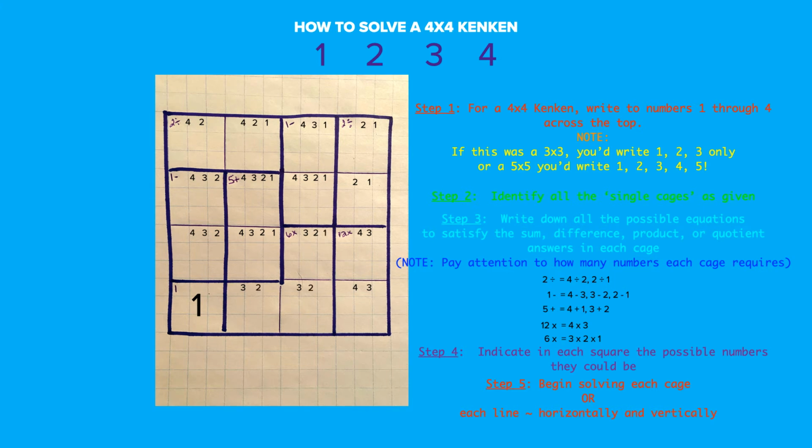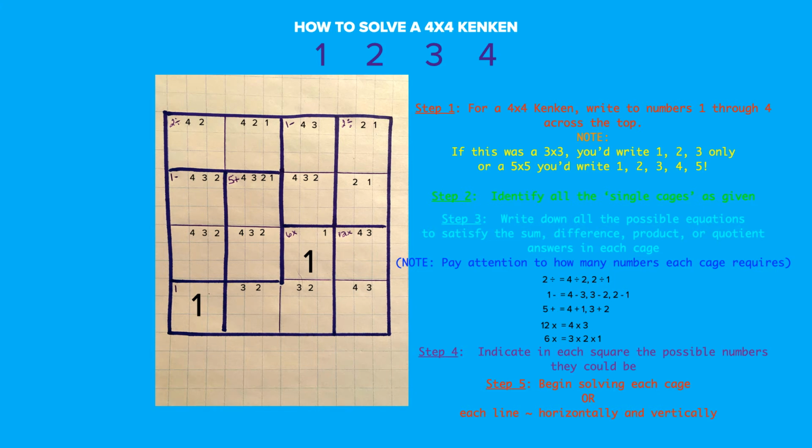And that means that this can only be a 1 in this square. So I'm automatically going to just drop a 1 right in there. So I'm going to remove the 1 as a possibility in the column and in the row associated.